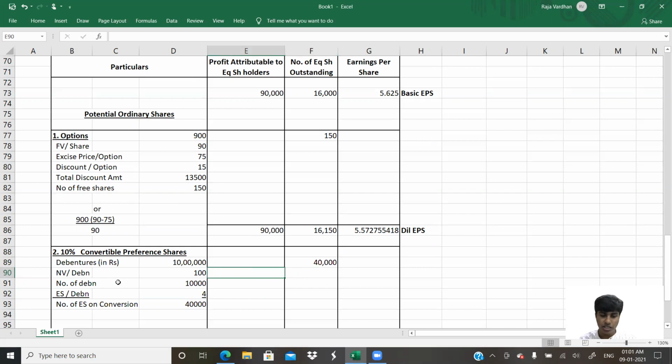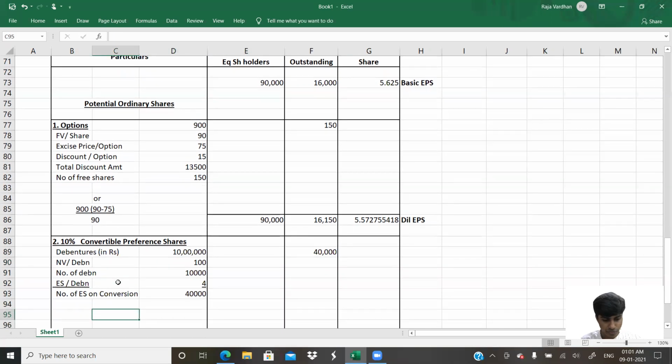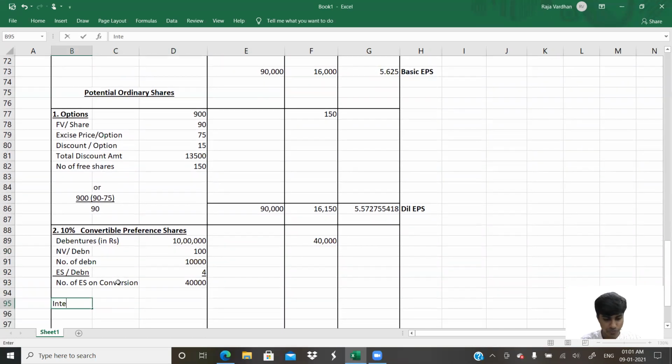Further, will there be change in the profit? Obviously, because whenever the debentures are there, you would be paying interest on these debentures. Now, when they become shareholders, you would stop paying them interest. So that will be savings.